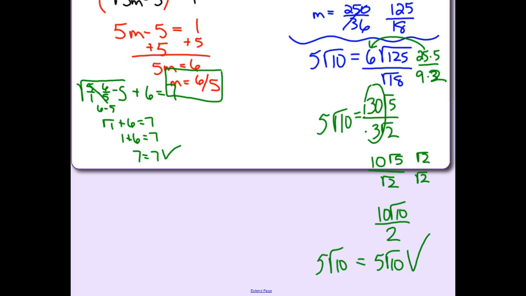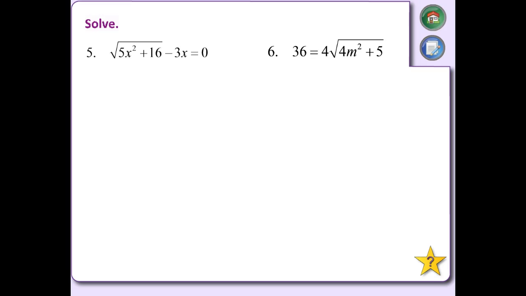So it checks. So this is our answer up here. So again, I told you solving the equation is the easy part. Checking the equation is a little bit harder.